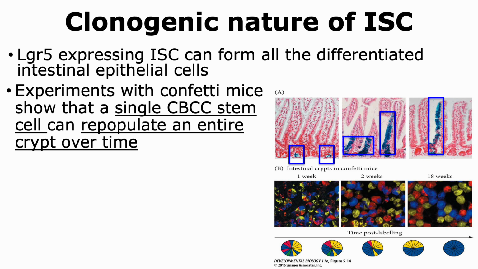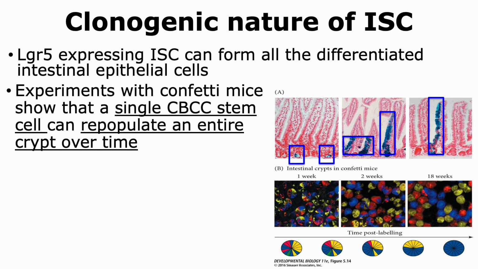As we wait for some more time, now we can see that more than half of the entire villus is actually made from those CBCC stem cells because they appear blue. And thus, one single CBCC stem cell is able to repopulate an entire crypt over time.